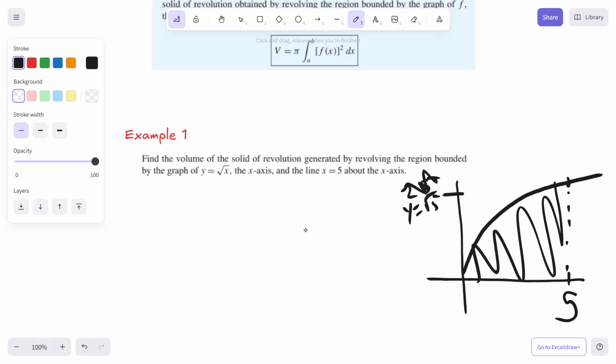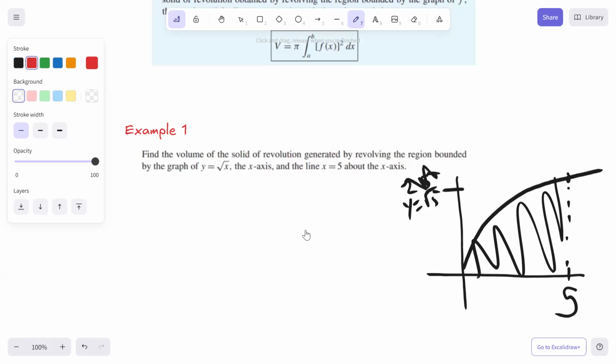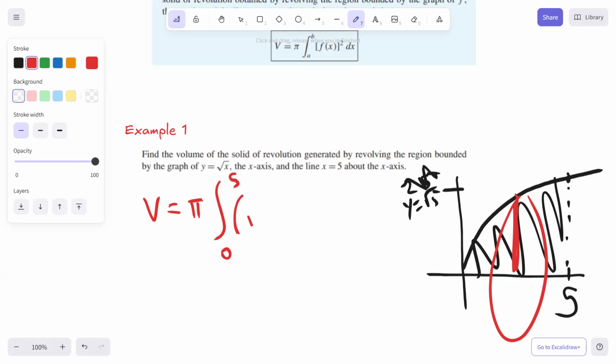If you think of a representative slice like this rotating around, it helps just to draw one so that we can see the shape here. So the volume is pi times the integral from 0 to 5 of square root of x squared dx, which is going to be pi times the integral from 0 to 5 of x dx.